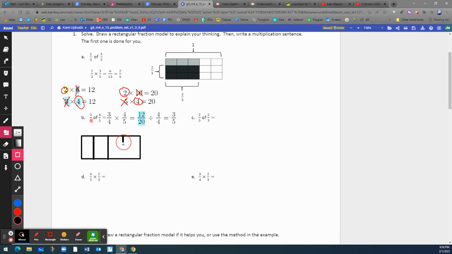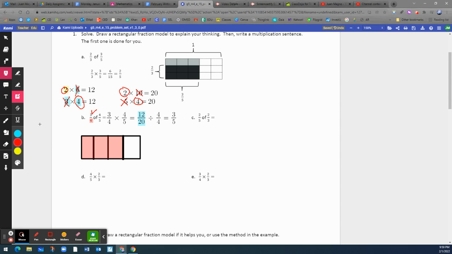Okay, so we have 4 segments now, and we have to color, just like the numerator is dictating, 3 of them. We're going to highlight 3 of them. That's going to be 1, 2, 3. All right, so that's 3 out of 4.